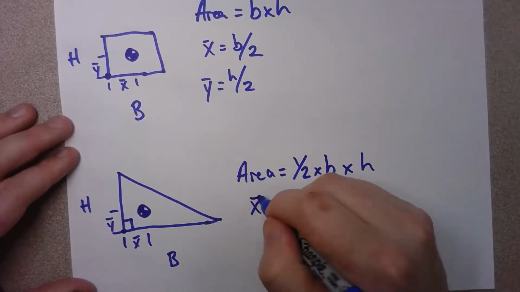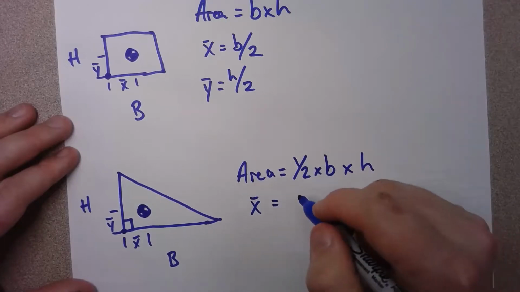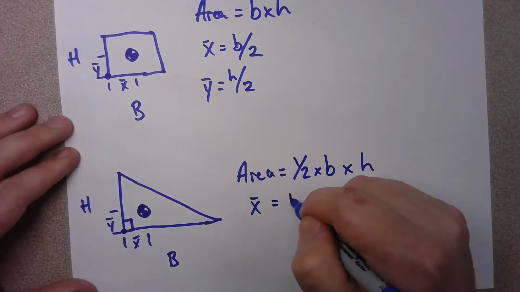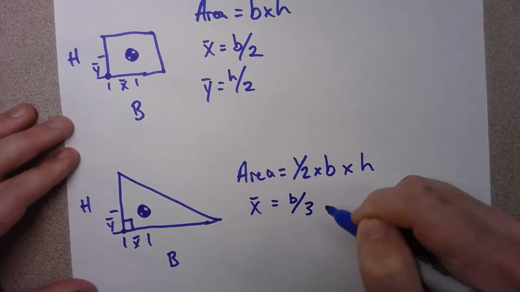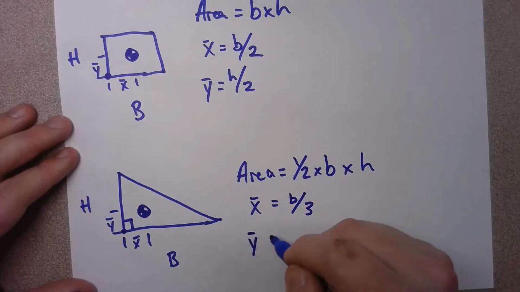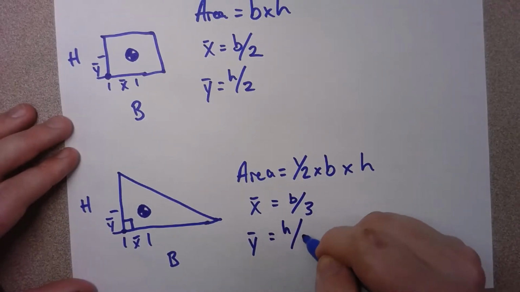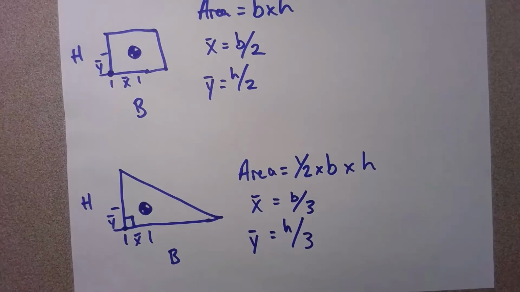Your x bar for a right triangle is going to be equal to your base divided by 3, and your y bar is going to be your height divided by 3. So, a couple simple shapes, a couple more to go here, and we should have everything we need to calculate a complex centroid.